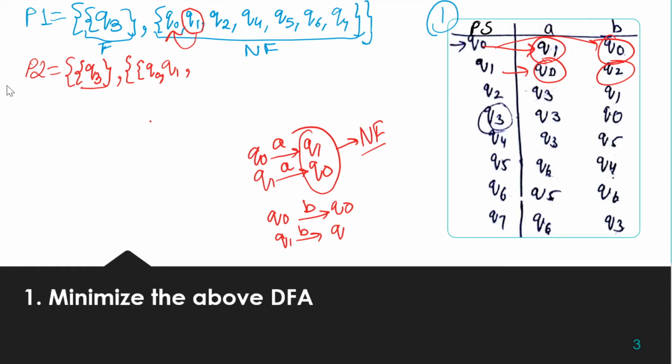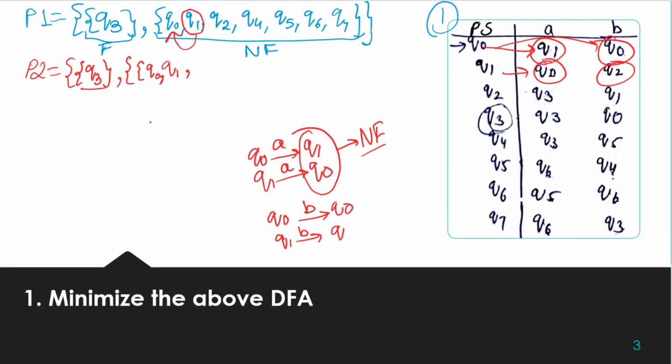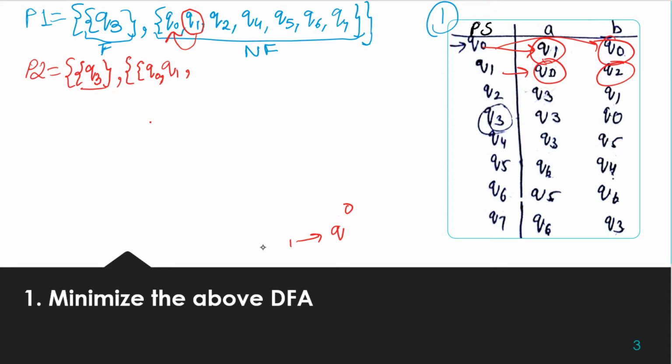As we have already finalized that Q0 and Q1 are compatible, for further states we can check the similarity with any state of the group.